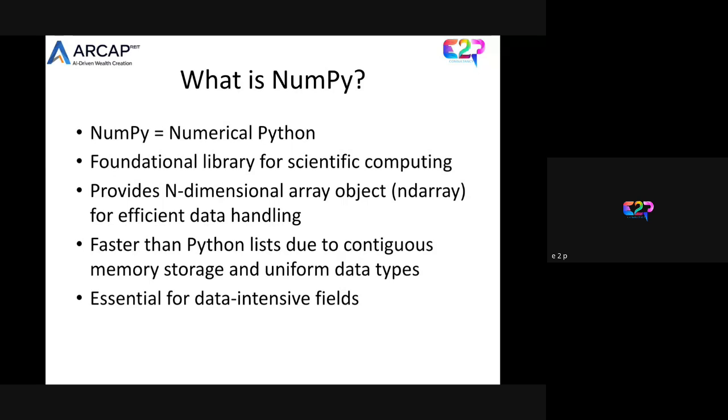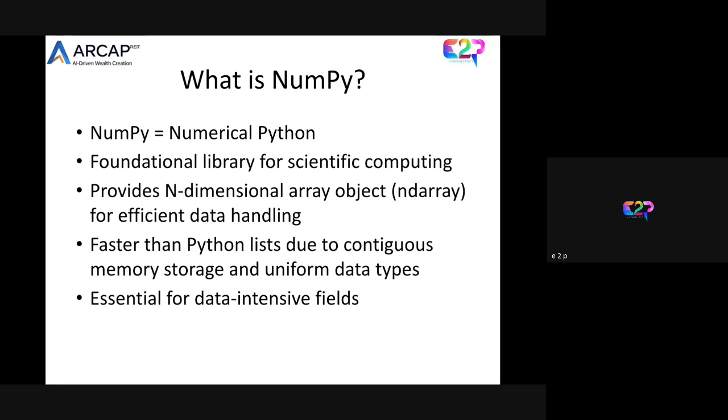NumPy is the short name for Numerical Python. It's a fundamental library for scientific computing in Python. It provides a powerful n-dimensional array object, that is ndarray, which is essential for handling large data sets efficiently.